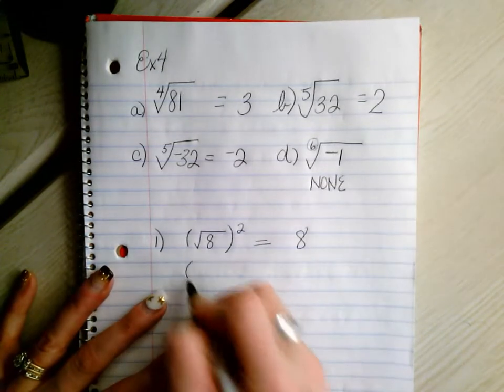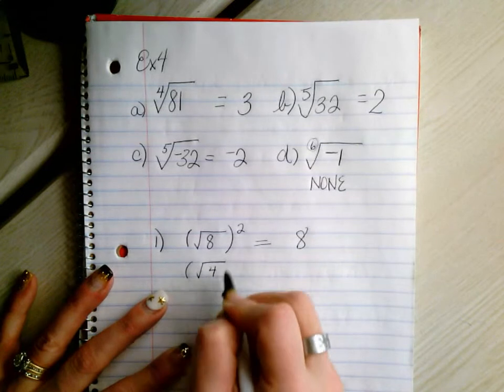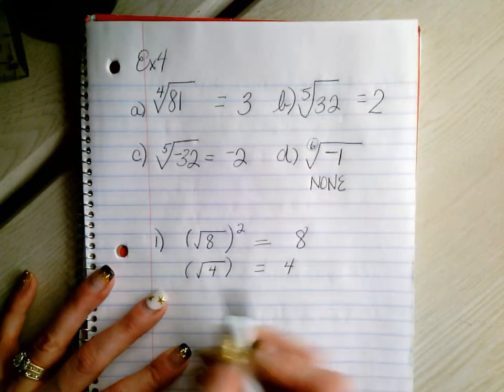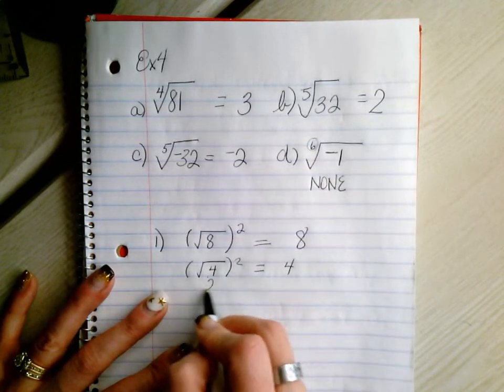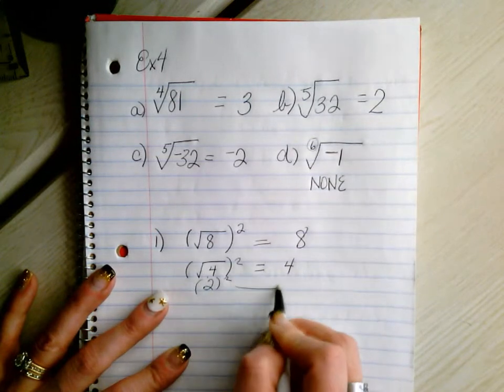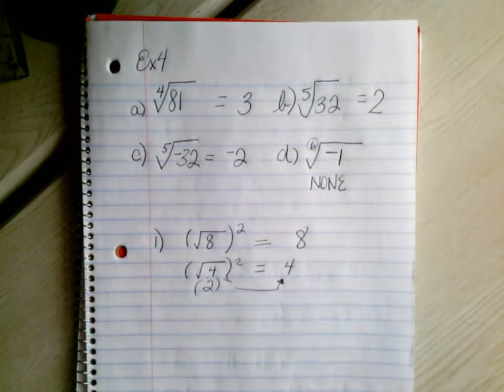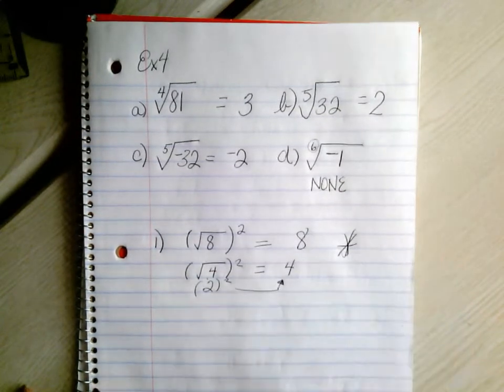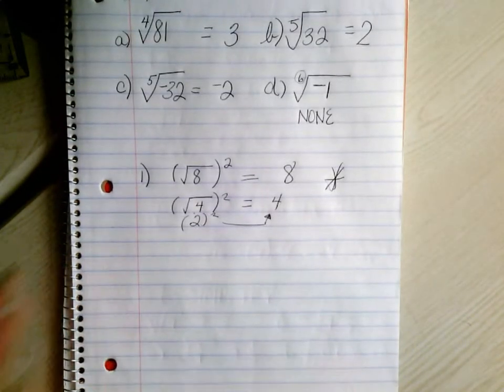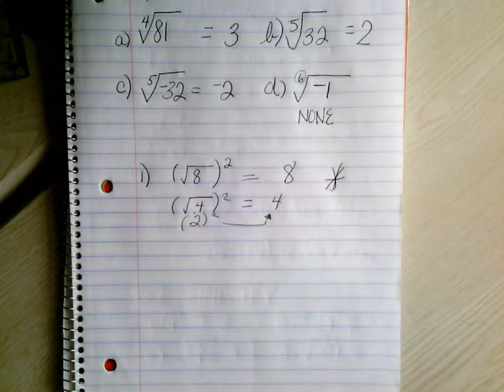Look at it with a number that would work. The square root of 4 is, well, what's the square root of 4? 2. If I square it, I indeed do get that 4. This little nugget of knowledge is going to come in so handy for you later this year. Same with if you find the cube roots or the 5th roots, as long as the exponent matches, it's just going to be that item. That's example 2.